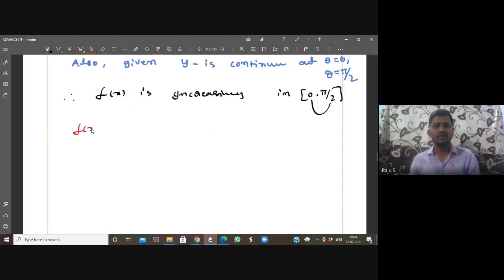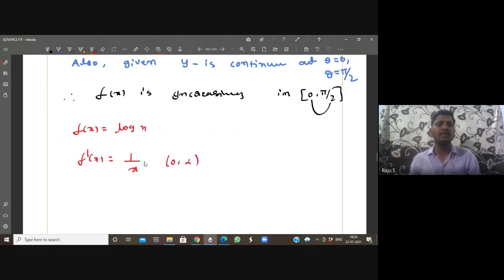f of x is equal to log x. f dash of x is equal to 1 by x. 1 by x is not defined on the closed interval 0 to infinity, because when I substitute 0 here, it will be 1 by 0, infinity. So the given interval is the open interval 0 to infinity.